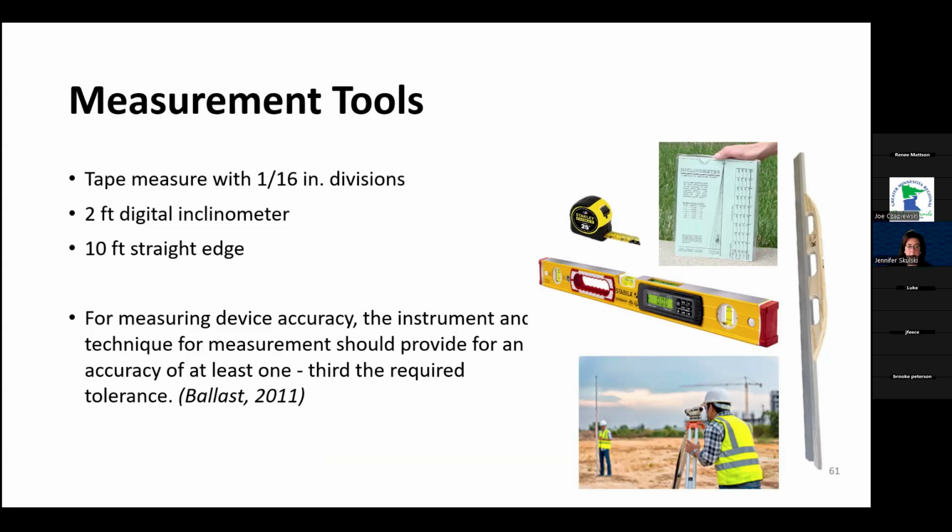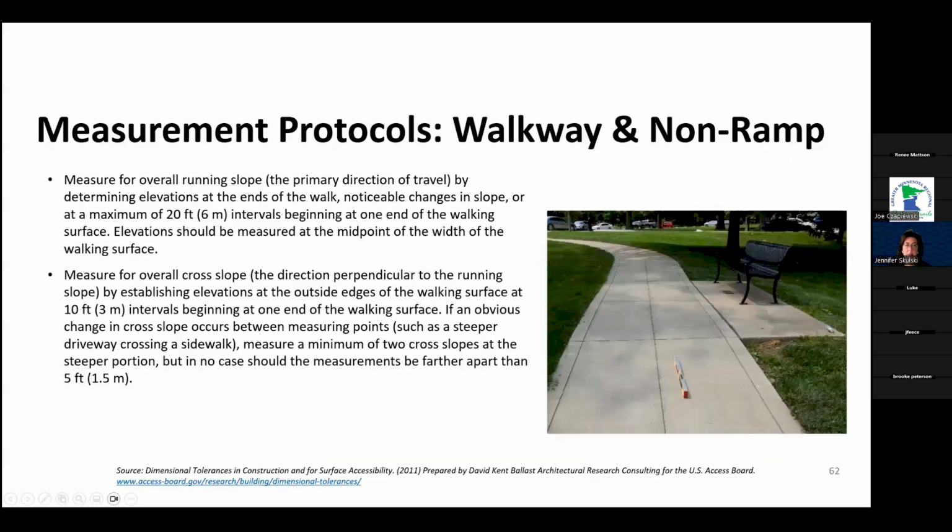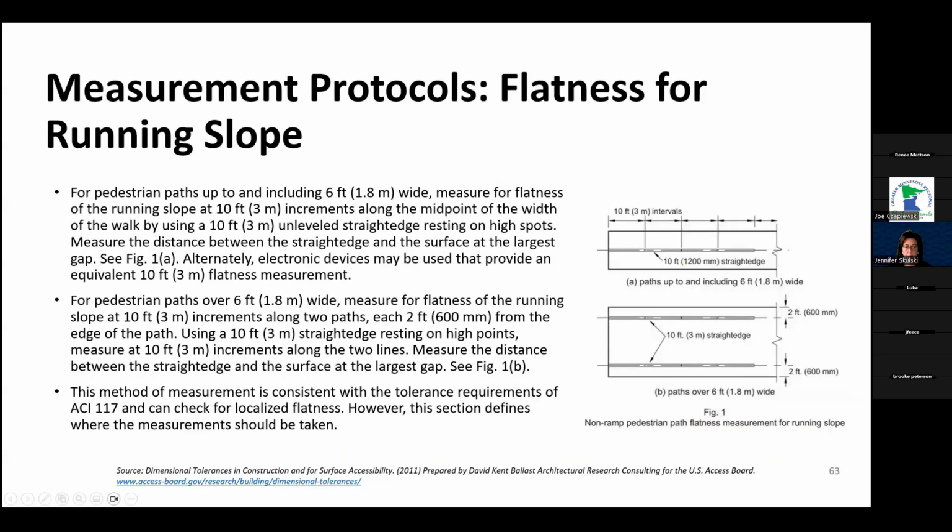And then the ballast report also talks about how you can use the 10-foot straight edge to find those little dips in between. That report also talks about the measurement protocols, looking at the difference between paths that are less than 6 foot wide or more than 6 foot wide, and the increments to measure at.